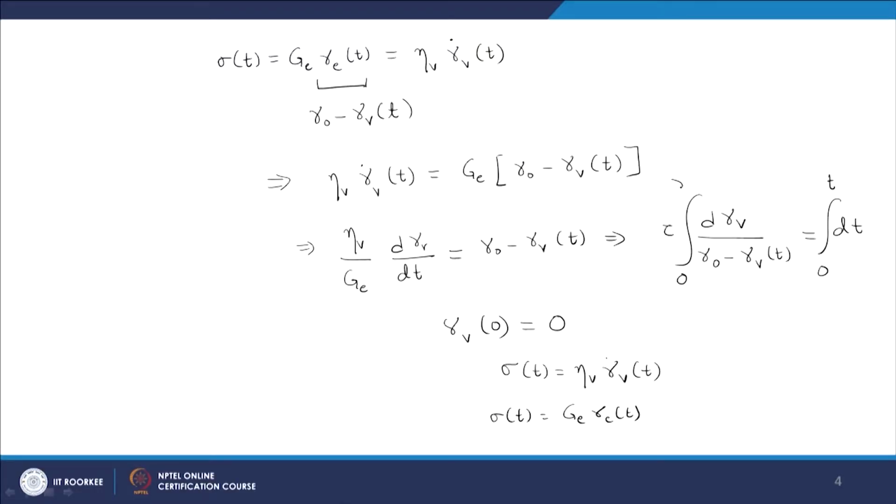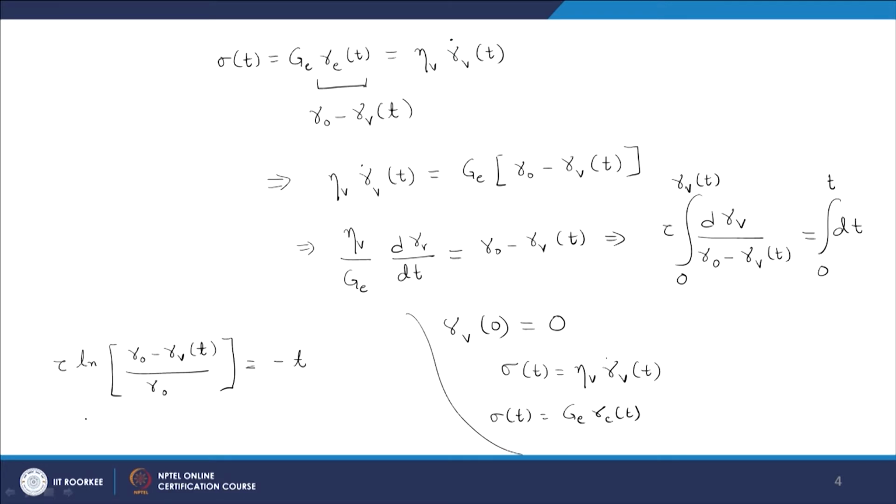So, we can start from 0 to a final value gamma_V(t), and if I solve this, what we get is tau ln of (gamma naught minus gamma_V(t)) divided by gamma naught, and since there will be a minus sign here, we will have a minus t on the other side.